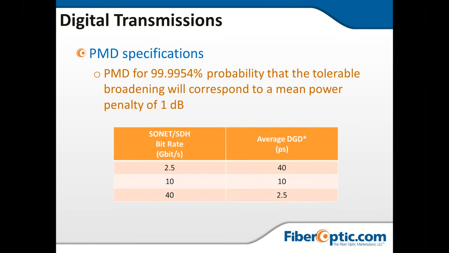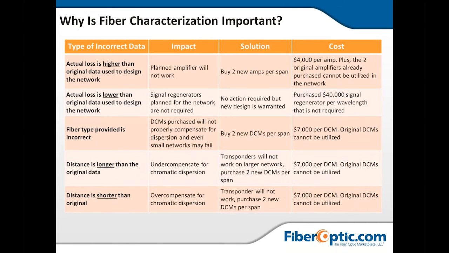So why is characterization important? Here's just a few examples. We're going to look at the type of incorrect information we had in our possession before, its impact, what the solution was, and how much that cost us.